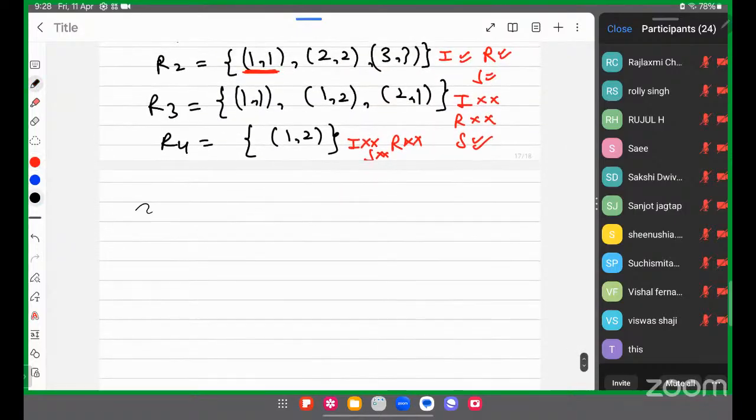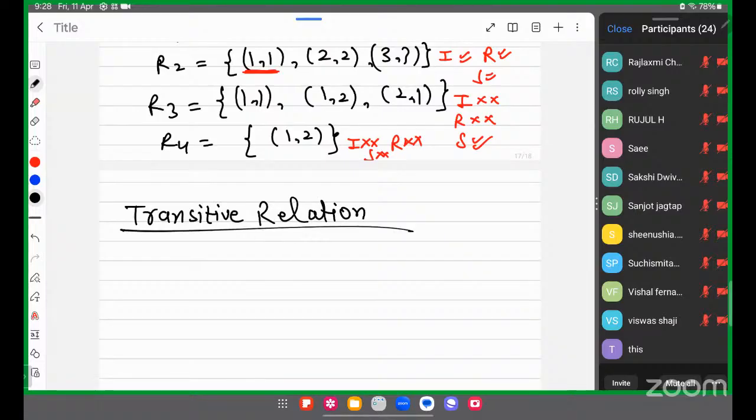Next we have transitive relation. What is the condition for transitive relation?